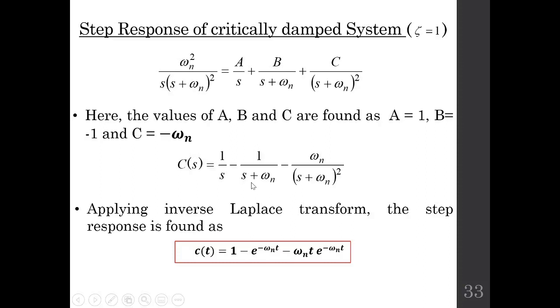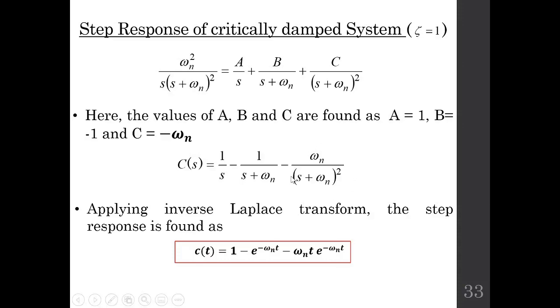We have already found the inverse Laplace transform of 1/(s + omega_n) in our previous lectures, so we can use that to get e^(-omega_n t). Now, in this part, we have the square of the denominator. For that, we can use the derivative property of the Laplace transform.